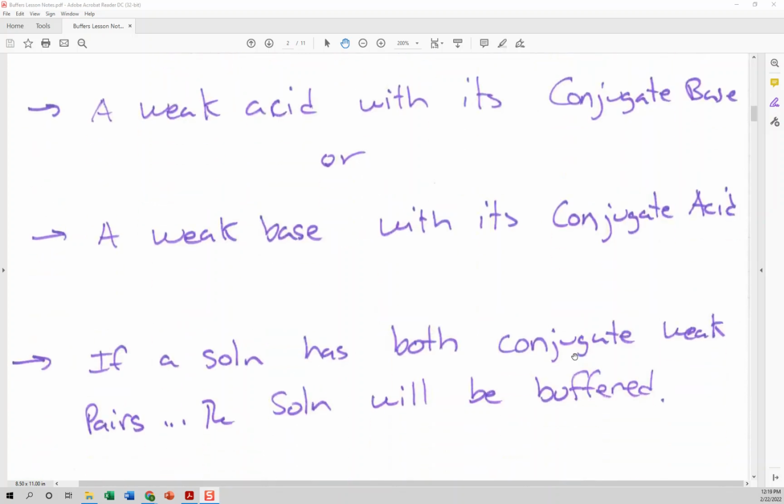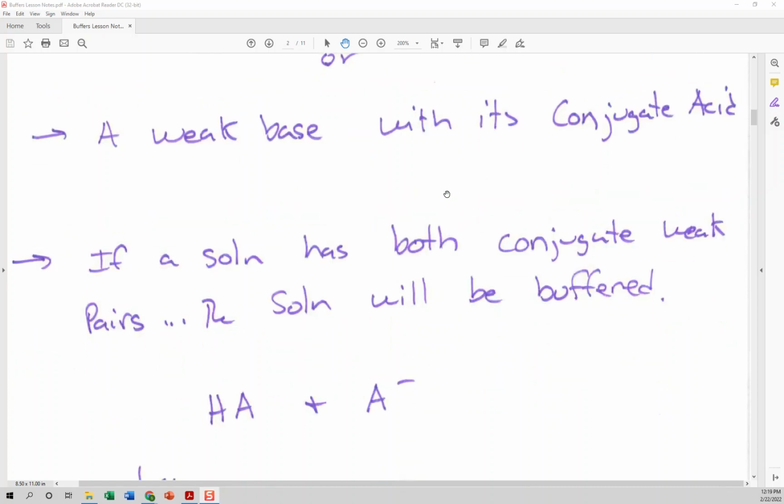If a solution has both of the conjugate weak pairs, a weak acid and its conjugate weak base, or a weak base and its conjugate weak acid, in solution at the same time, your solution is a buffer solution, which means it can resist pH change if you now add H+ strong acid or OH- strong base to it. So if you have a weak acid and its conjugate base or a weak base and its conjugate acid in solution at the same time, you have a buffer solution.